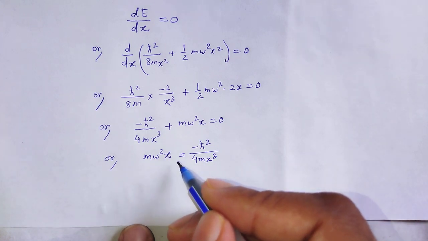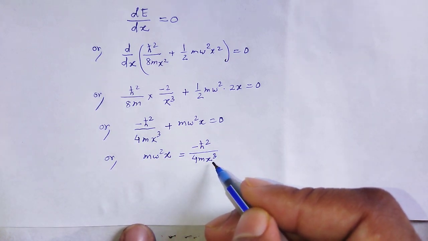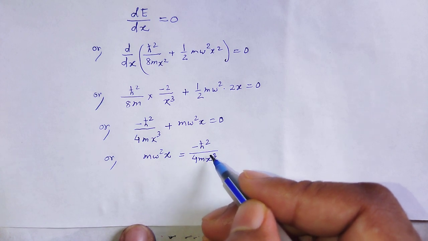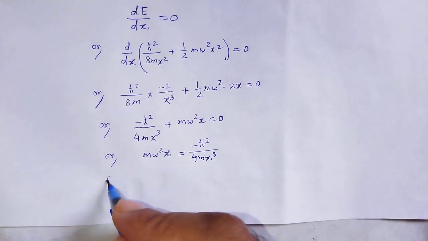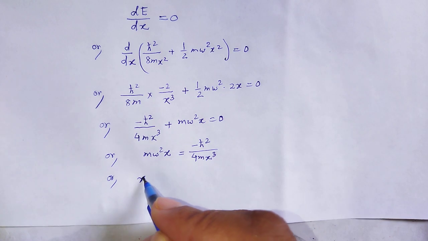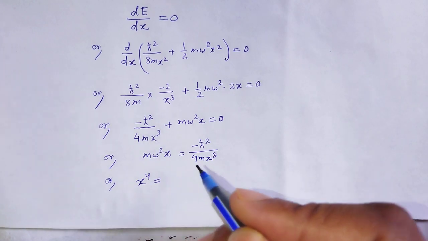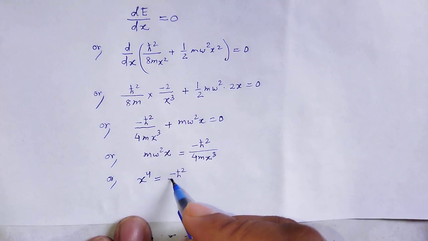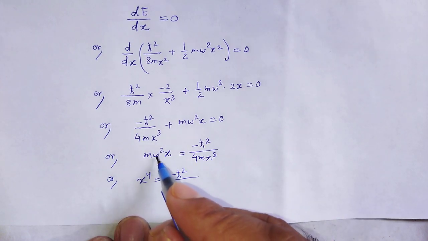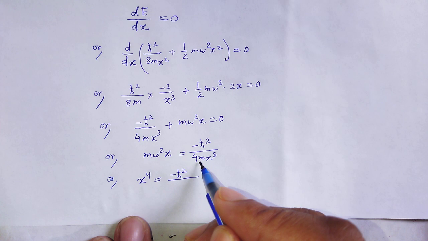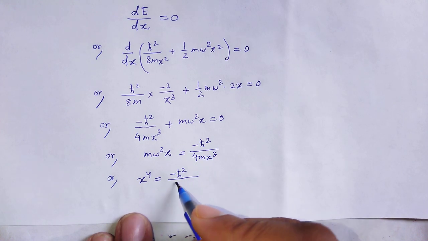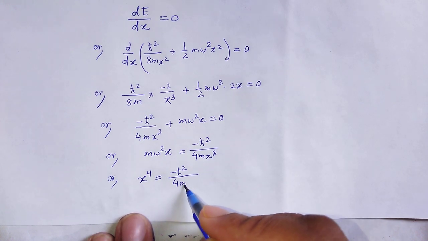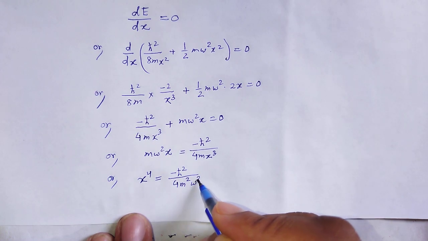Multiplying x here, we have x to the power 4 equal to h cut square divided by 4 m square omega square.